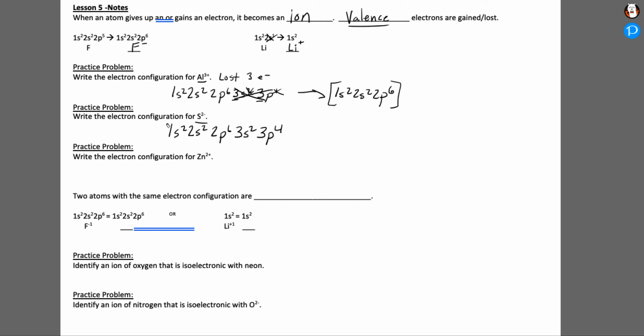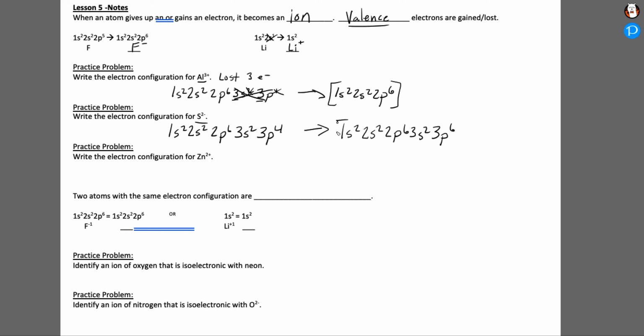So here's our electron configuration for sulfur. It's going to gain, we said, 2 electrons. Those 2 electrons are going to go in this 3p sublevel. Remember, the p orbitals can hold up to 6, and so those 2 electrons are going to go in here, and my electron configuration is going to be 1s2, 2s2, 2p6, 3s2, 3p6.